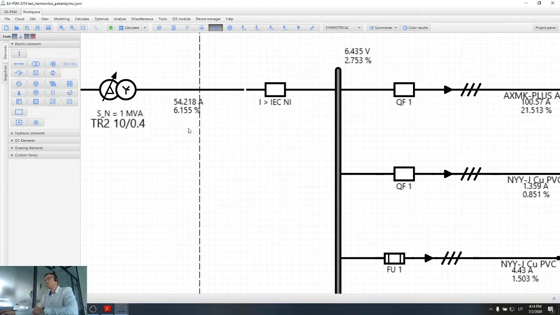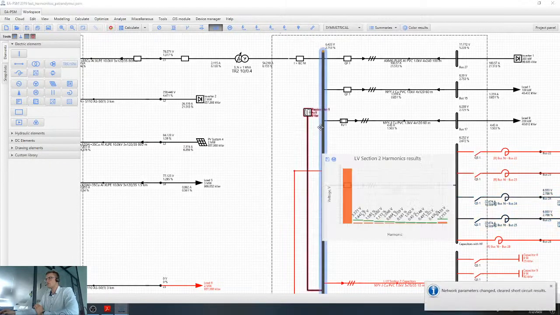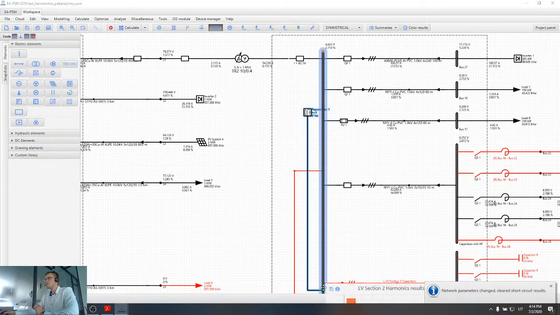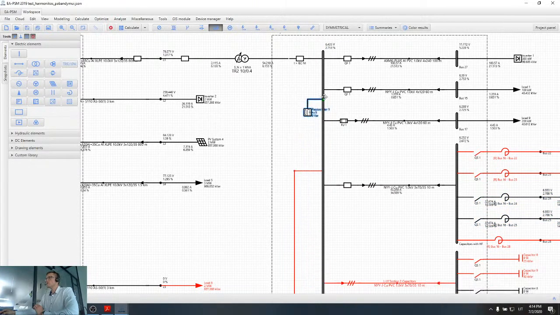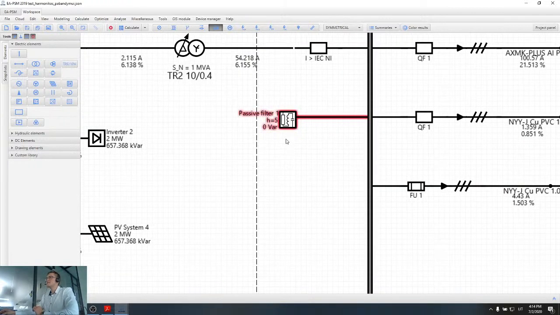But if our goal is to reach even smaller harmonics, a different type of filter that you can use is the tuned harmonic filter. We can connect this filter to the network.